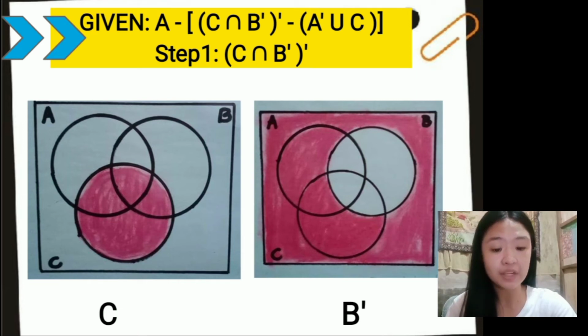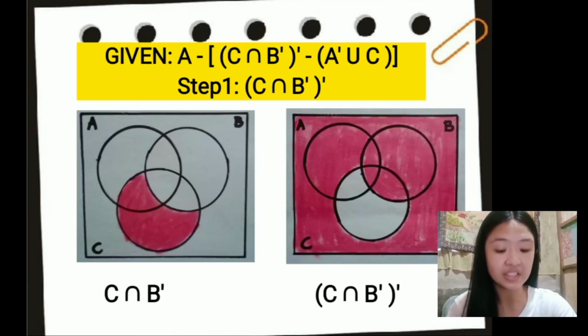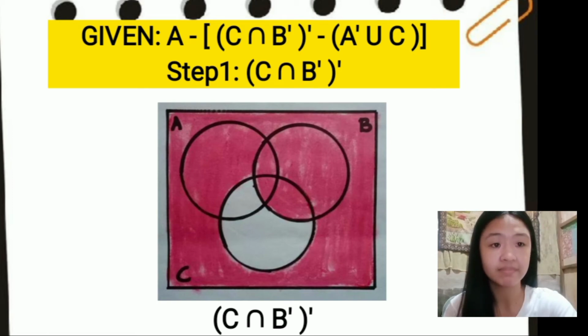In the Venn diagram, it should be shaded only where the sets cross. After that, we still need the complement of the intersection between C and B prime. And there it is, the result of the Venn diagram for this step.